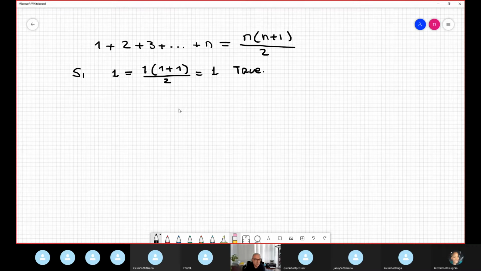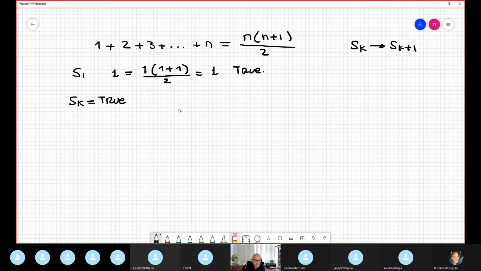Now I assume that A sub k is true. I enforce this situation because I know that under this condition, I prove that A sub k implies A sub k plus 1. Remember, cause and effect. This process continues forever.